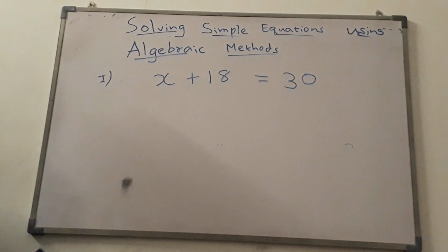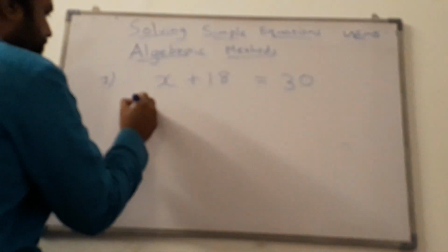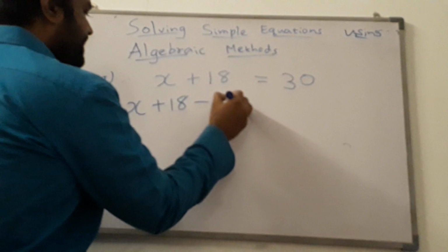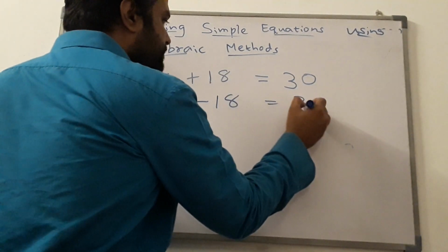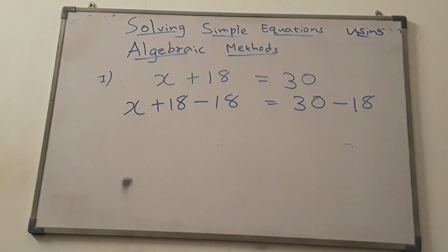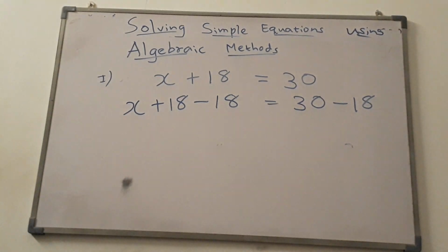That means left hand side equals right hand side. If we do some calculation on left hand side, we have to do the same operation to right hand side. For example, if we subtract 18 from left hand side, we can do the same thing to right hand side. Let me tell why I use minus 18.